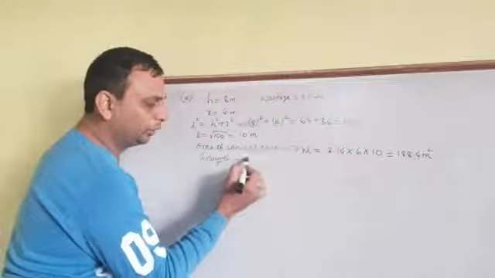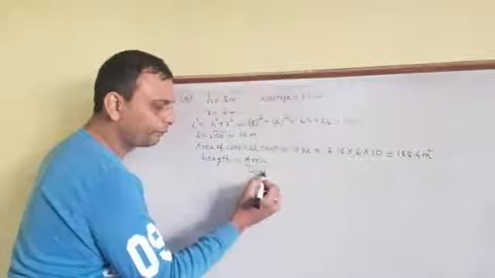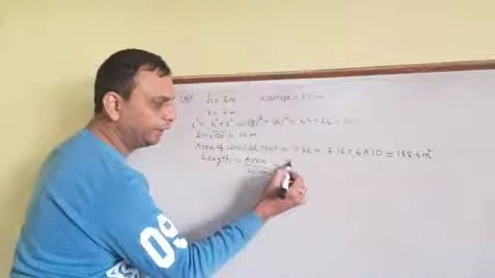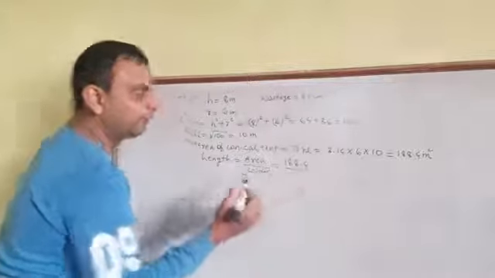The length is equal to area divided by width. For that reason, we had to find the area. I got the area 188.4, divided by the width, which is given in the question.